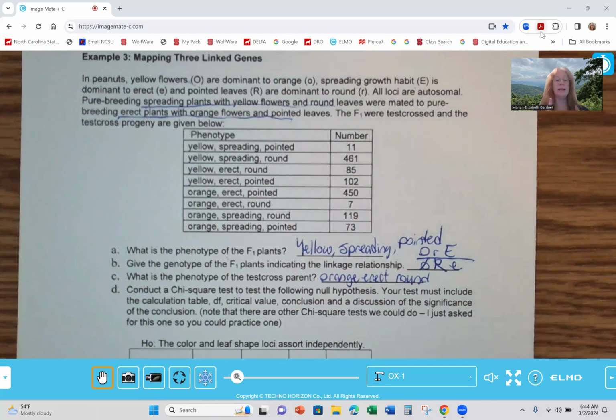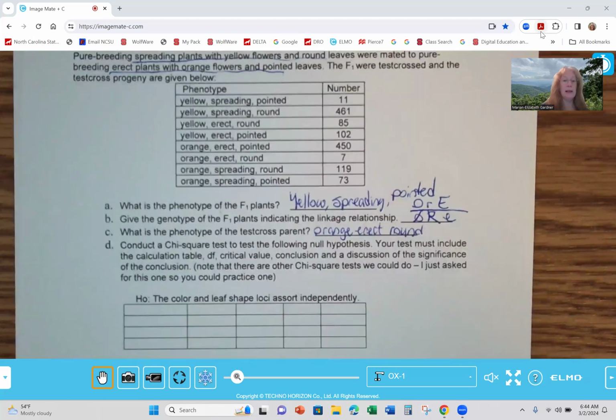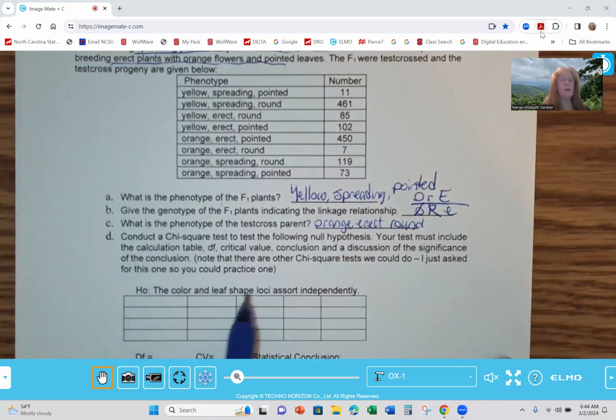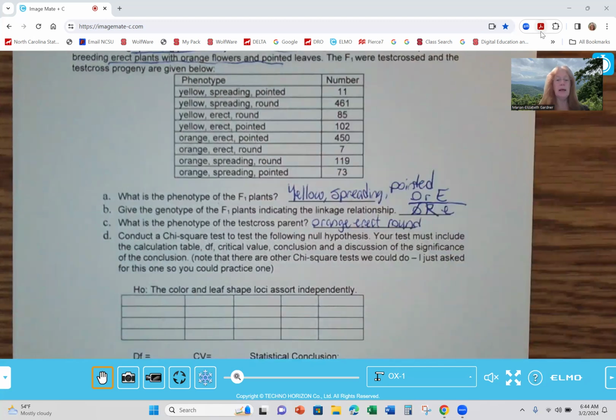So we could do 3 chi-square tests: color and growth habit, color and leaf shape, and growth habit and leaf shape. We're just going to do one here. Our null hypothesis is always that those 2 genes we're testing assort independently. So the color and leaf shape loci in peanuts assort independently.